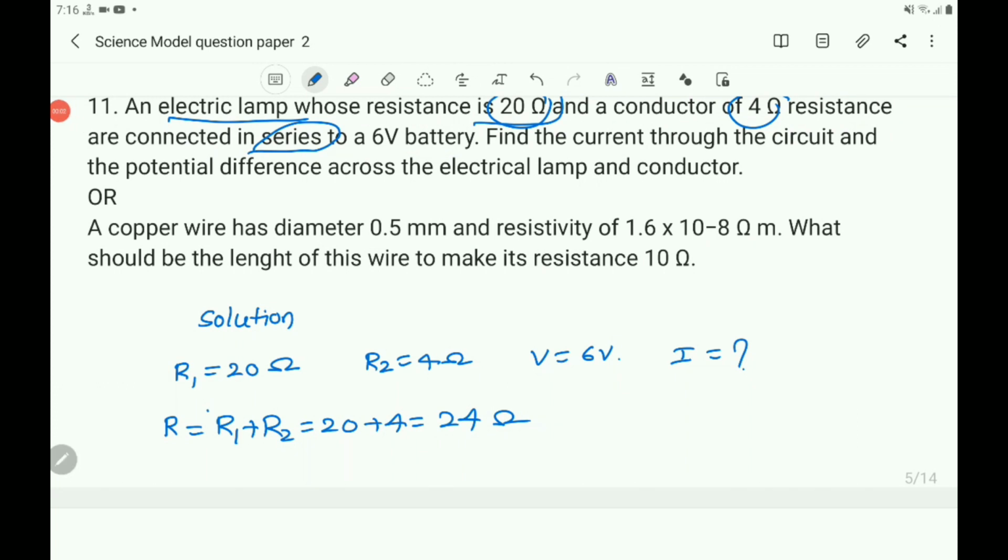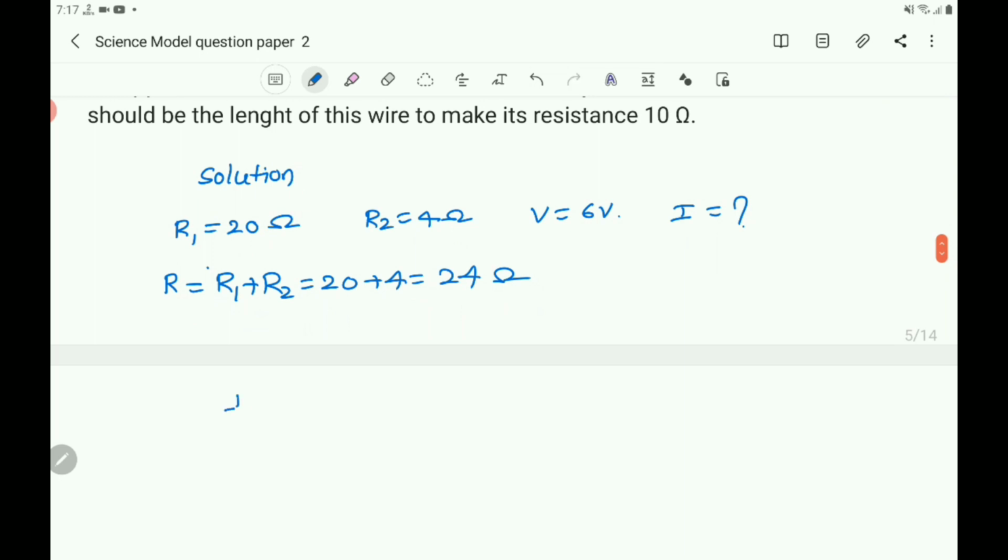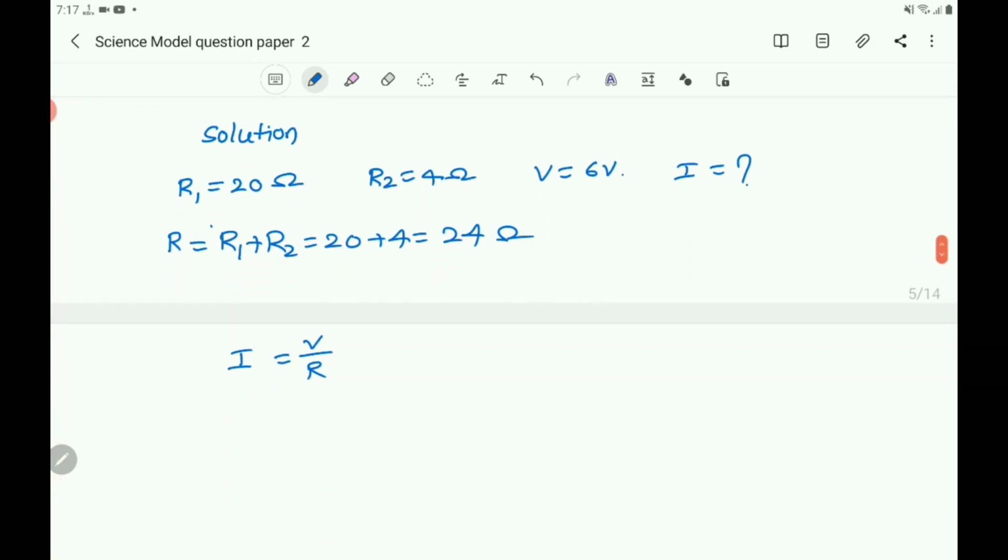Here you got the resistance of the circuit equals 24 ohm as the connection is in series. Now you know the relation among the potential difference V, electric current I and the resistance R according to Ohm's law. I is equals to V by R.